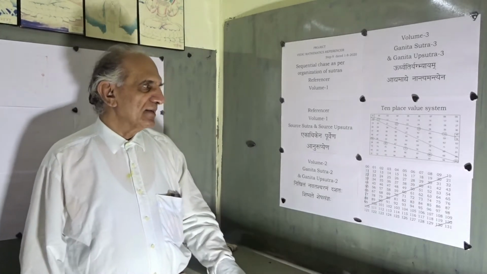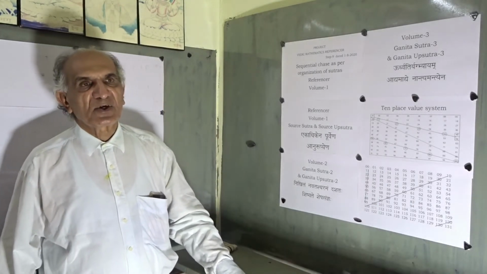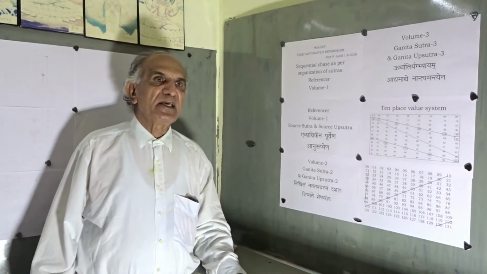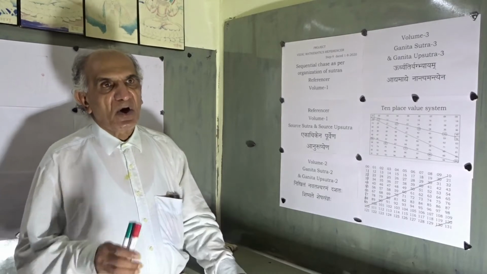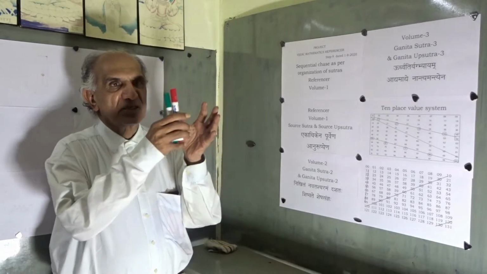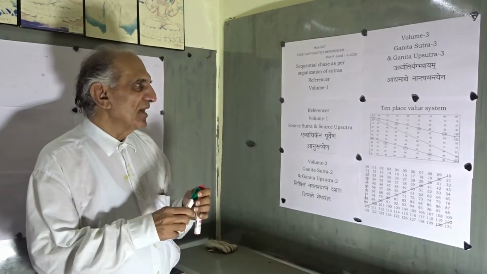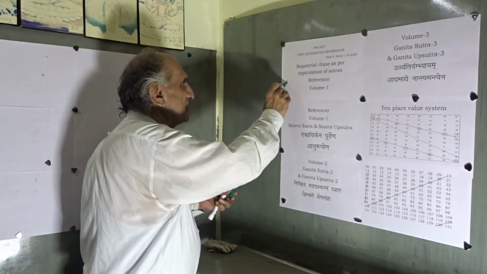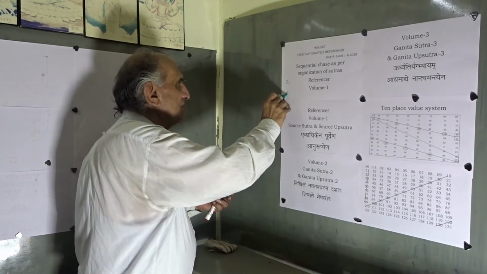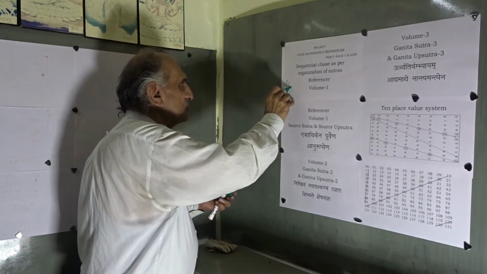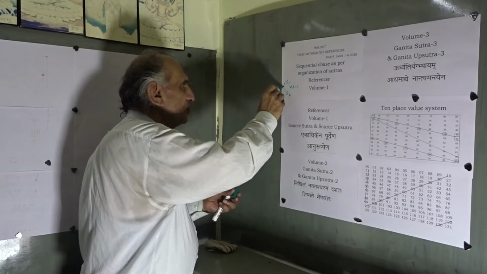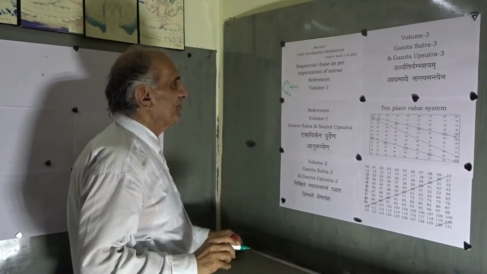We know there are 16 sutras and 13 upsutras. We also know that in the integrated format of the text of Ganita Sutras and Upsutras, the gaps between the consecutive sutras are bridged by the upsutras. So Sutra 1 and Sutra 2 have some gap.